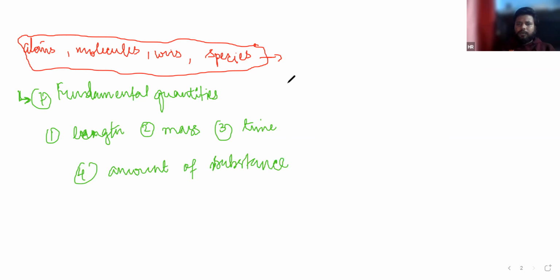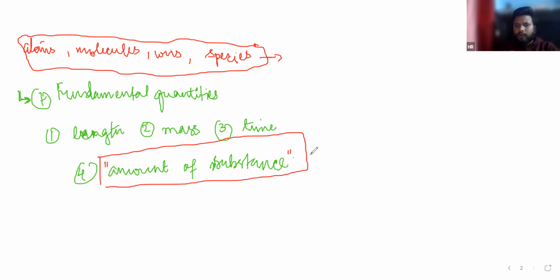We just need to focus on amount of substance. The unit of amount of substance is mole, and there are 3 formulas for calculation of mole.